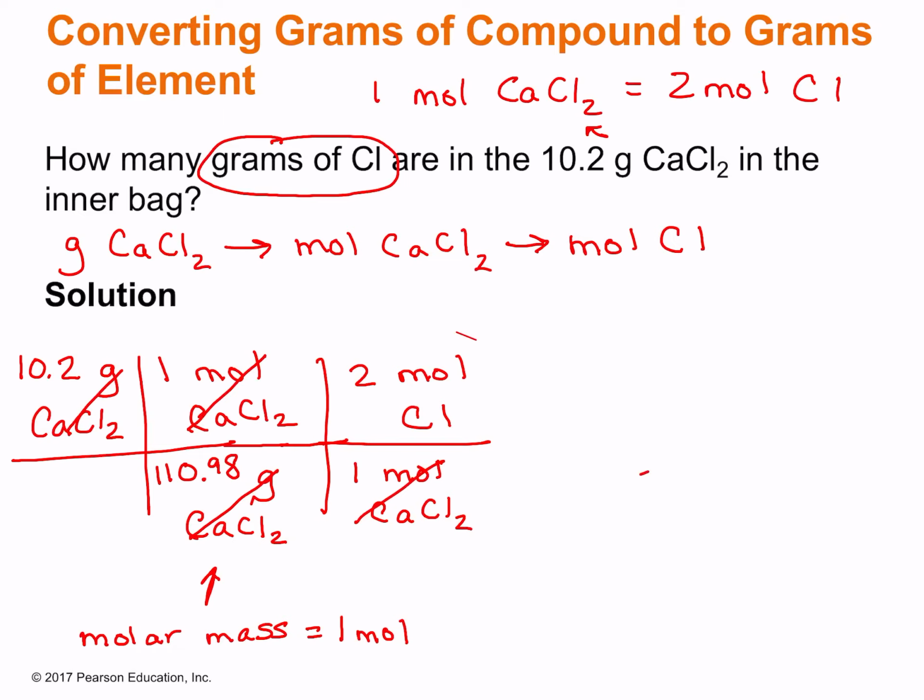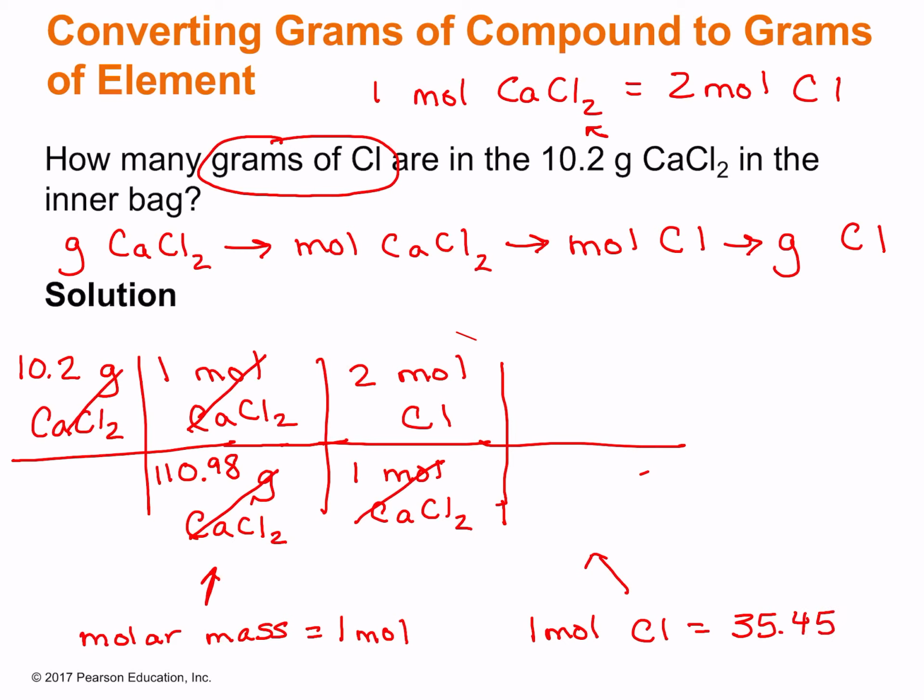And the way that we figure out how to get grams of chlorine from there, we'll use that molar mass again. So I'll finish this, grams of chlorine. So molar mass here, for every 1 mole of chlorine, we know it's the mass of 35.45 grams of chlorine, and that's from the periodic table.